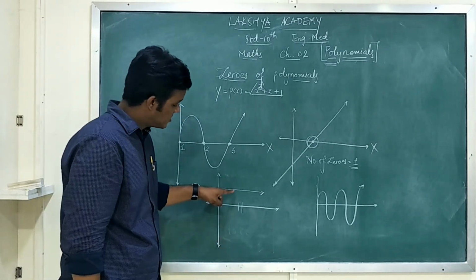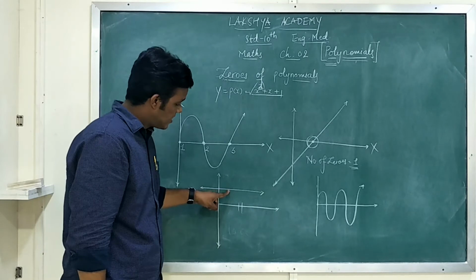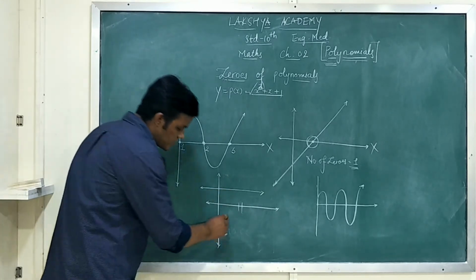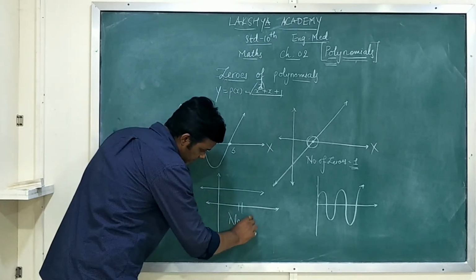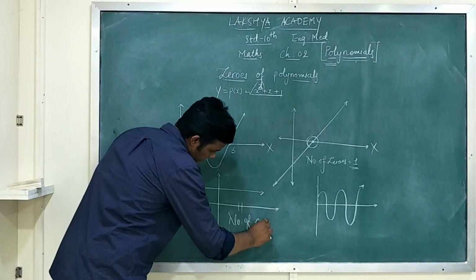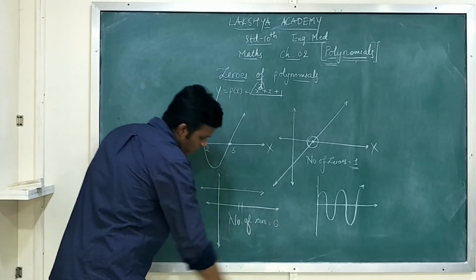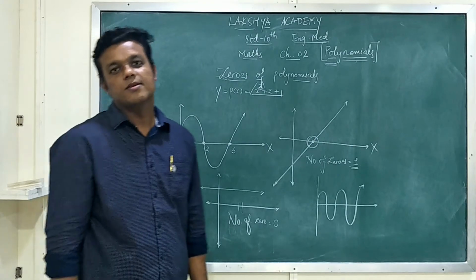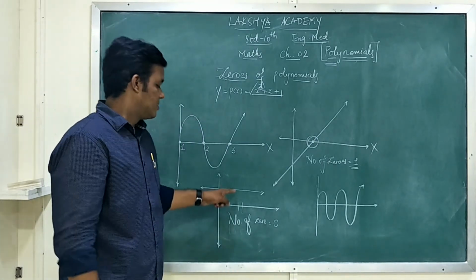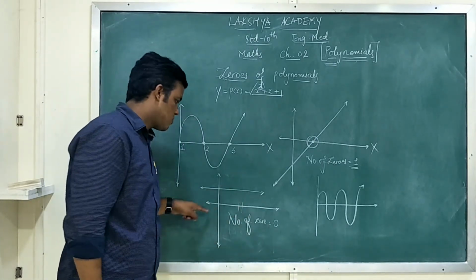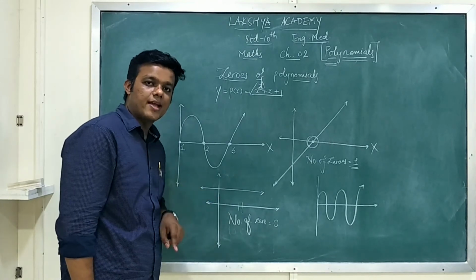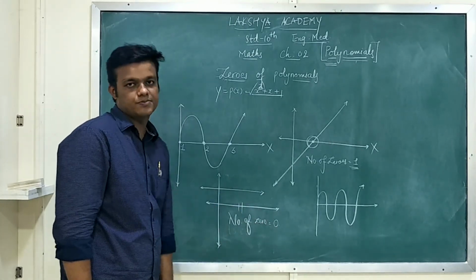So if it is not intersecting, then we can say that the number of zeros for this polynomial cannot be found, or 0, right? Because there are no values of x which make the polynomial 0, right?